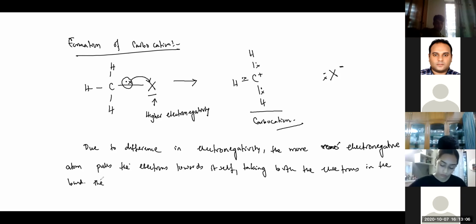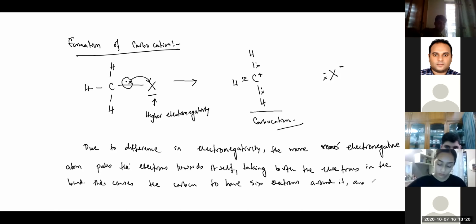This causes the carbon to have 6 electrons around it and to be deficient in a pair of electrons.